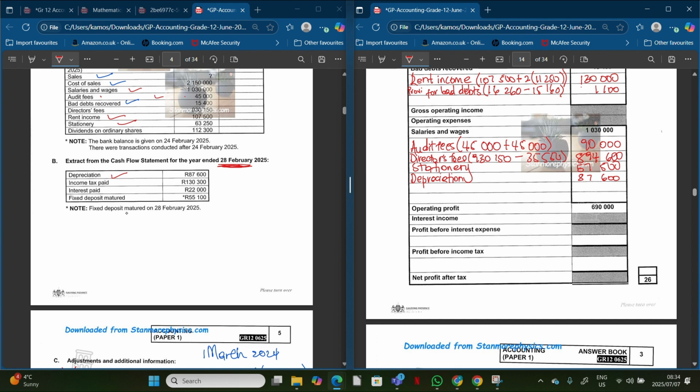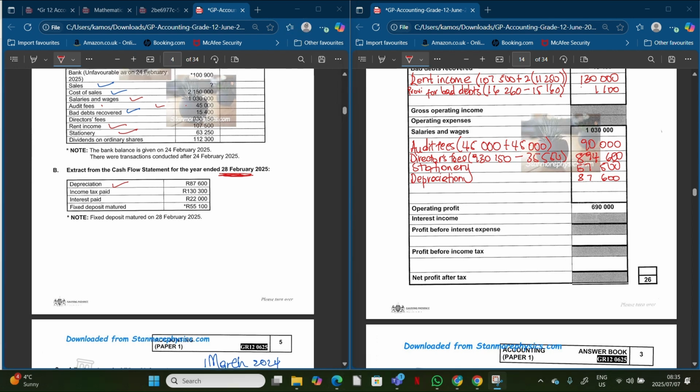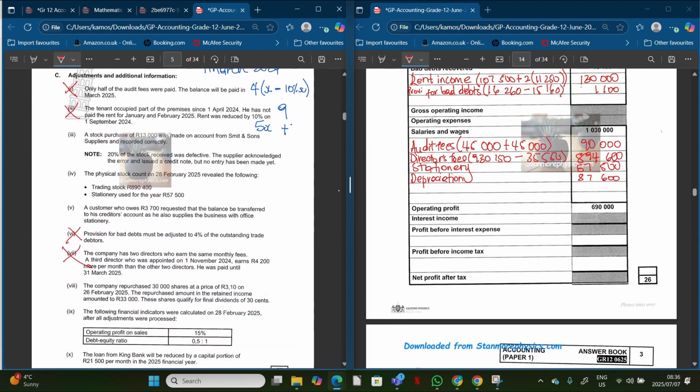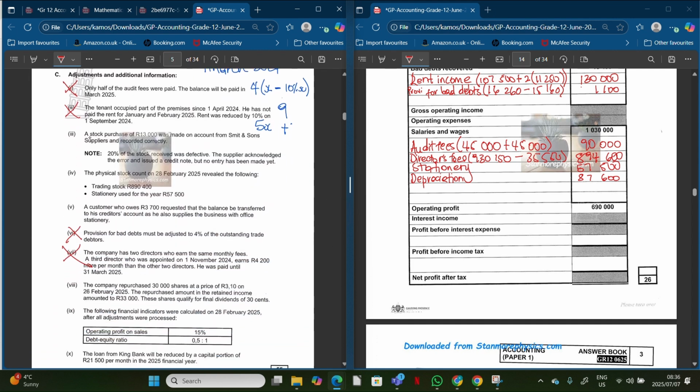Then now let's just see more that we have. Let's just see our adjustments. Here's another one, another adjustment. They're saying that a stock purchase of 13,000 was made on account from Smith and Sons suppliers and recorded correctly. Note, 20% of the stock was defective.